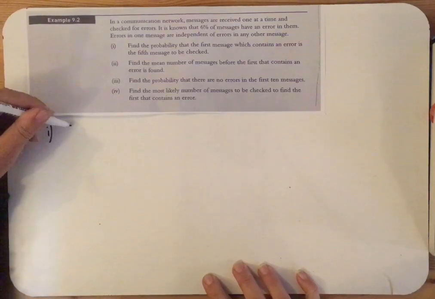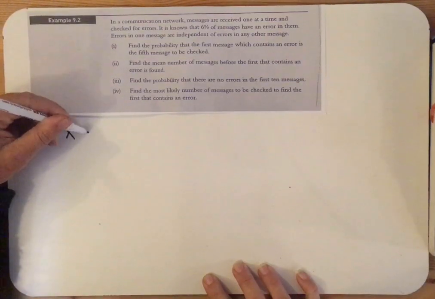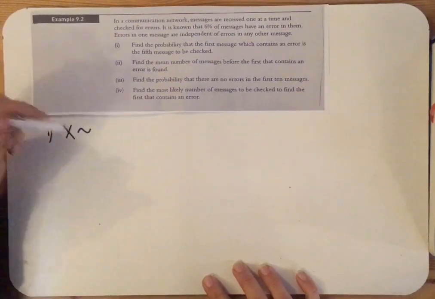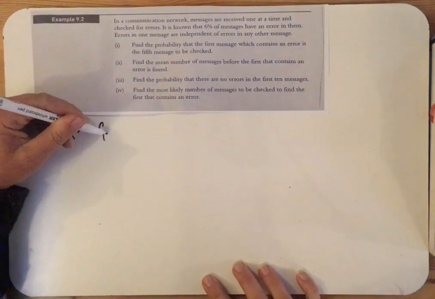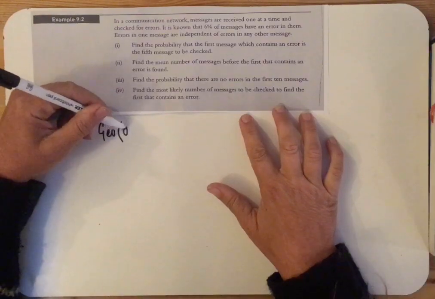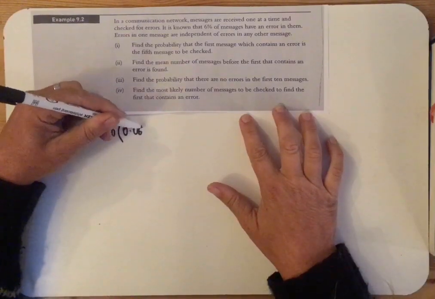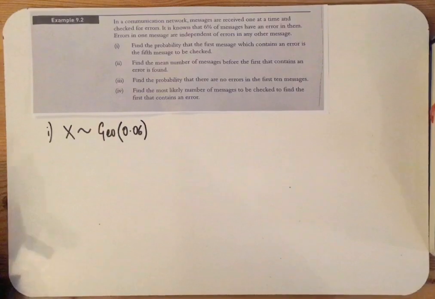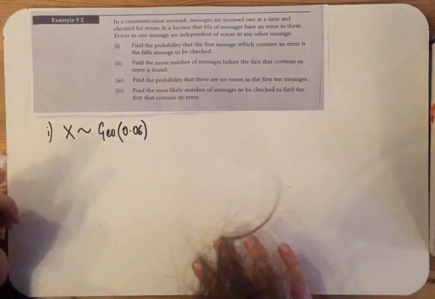So X is geometric. And the probability is 0.06. So that's your first success, in inverted commas, because it's an error this time.